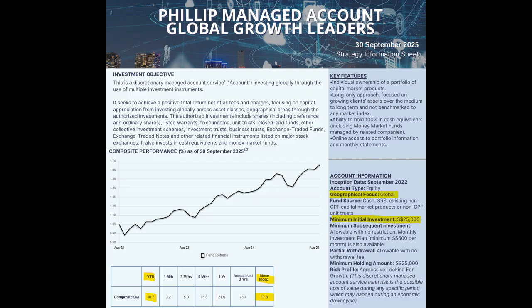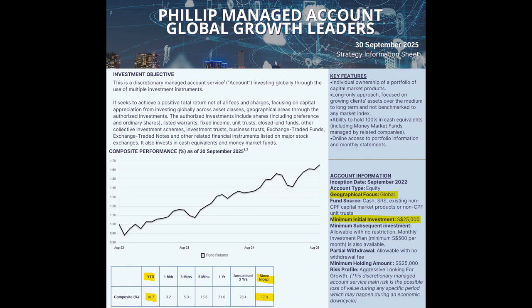Since inception, this investment has returned an annualized 17.8% for its investors, and year to date, it has returned about 10.7% to its investors as well.